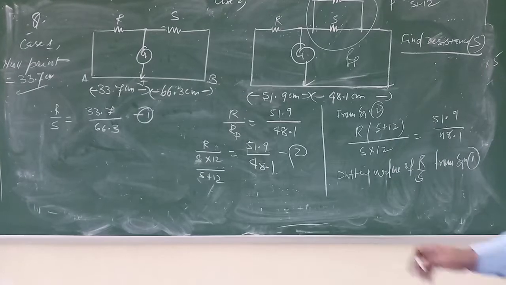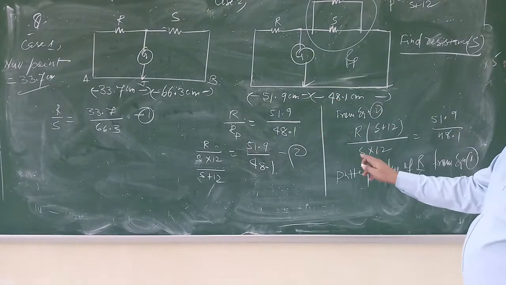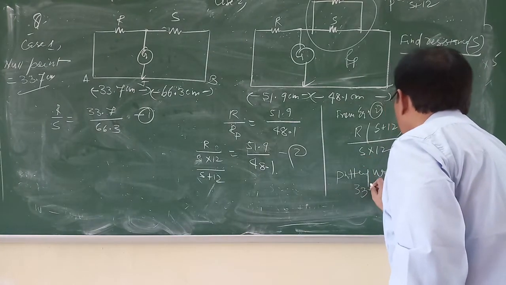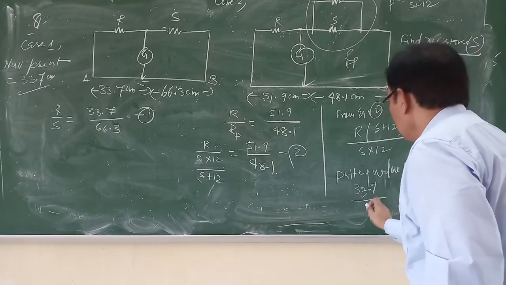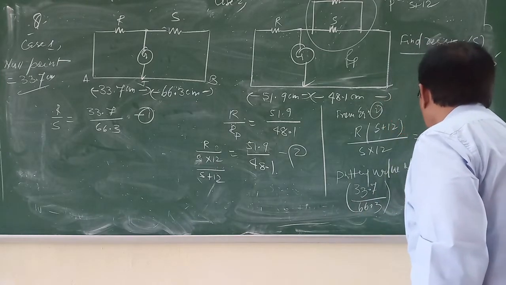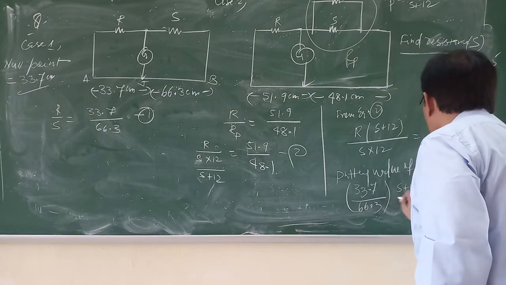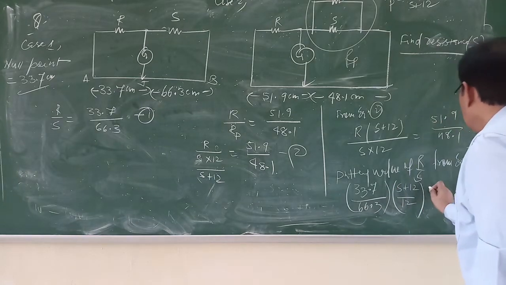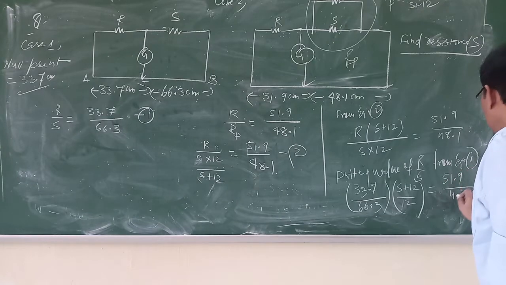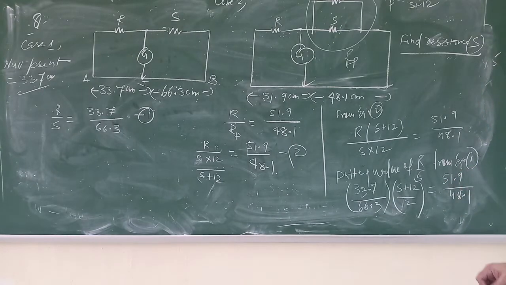So putting the value of R by S from equation 1, you will get 33.7 by 66.3 into S plus 12 by 12, and this is equal to 51.9 by 48.1.